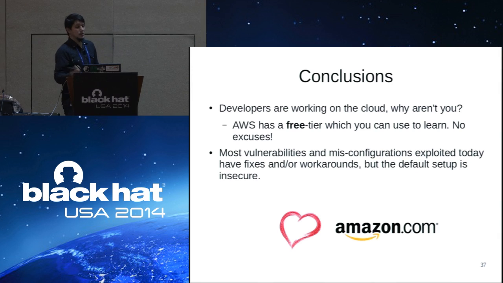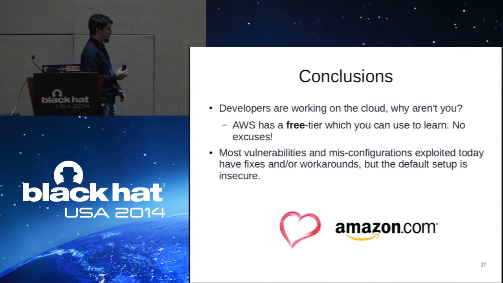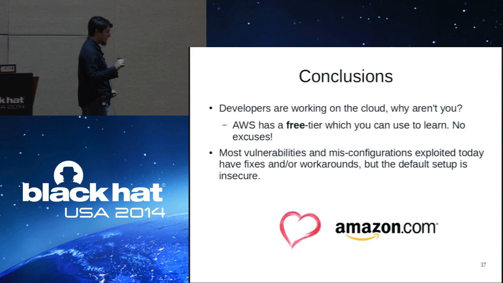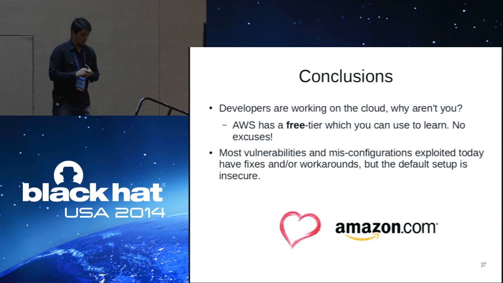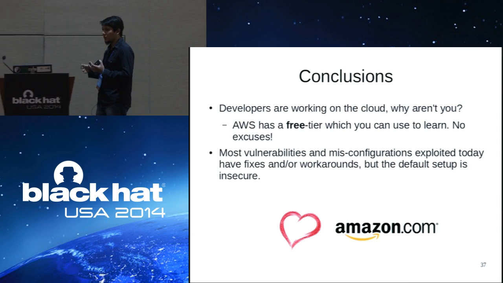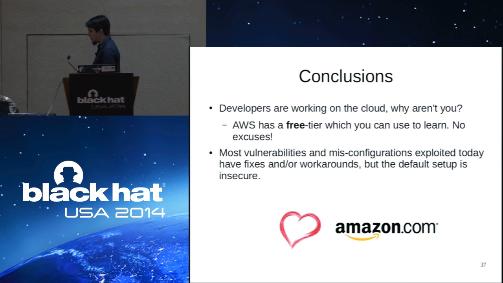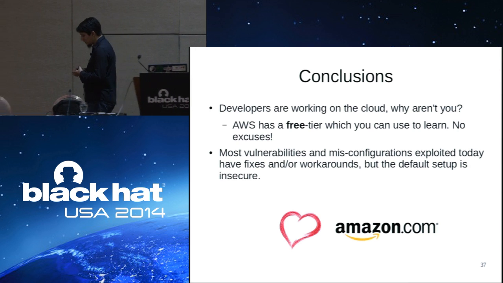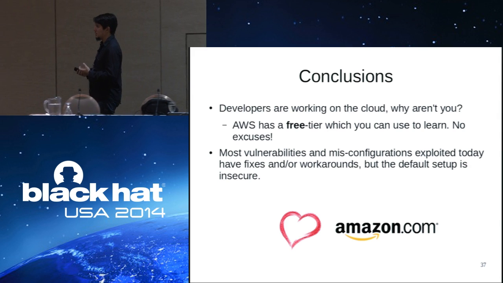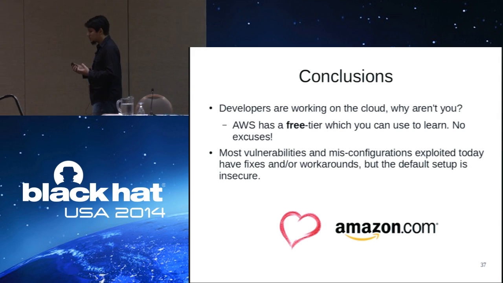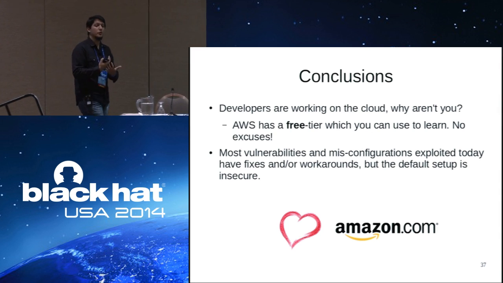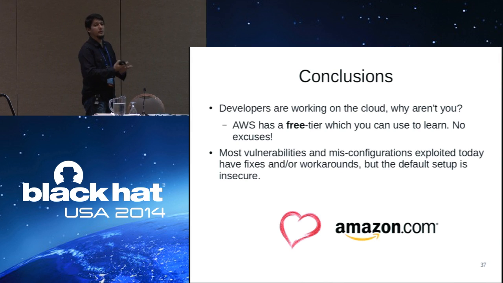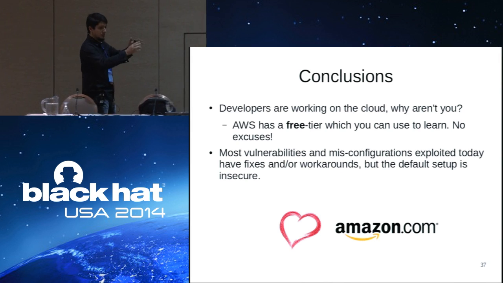Most vulnerabilities here are misconfigurations, small things where the developers working on this application made mistakes. It's my impression that this is not Amazon's fault, right? This is the way in which they build things in this specific case.